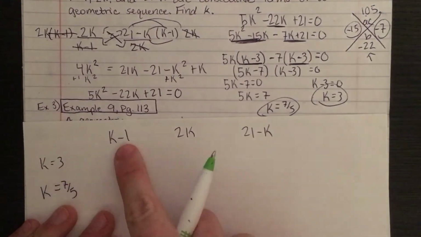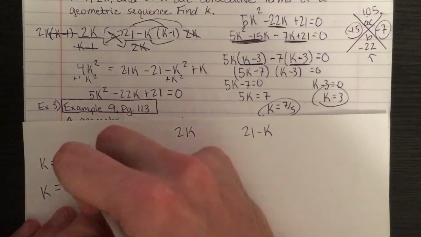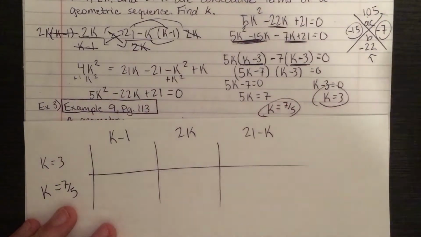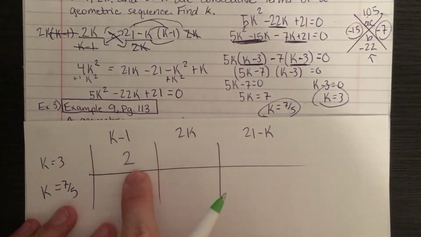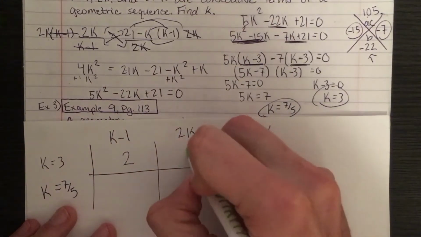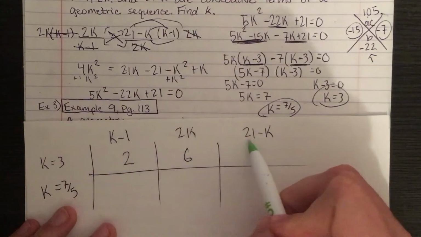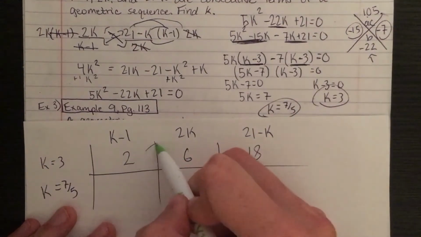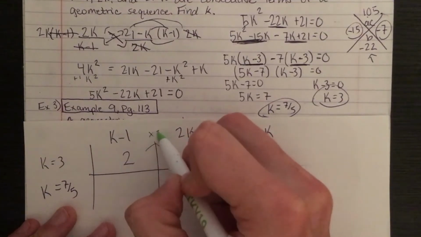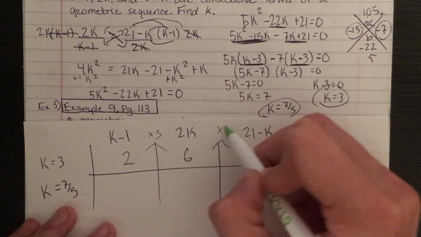So if we punch in 3 for k, I guess we can make a mini little table. That would give us 3 minus 1 is 2. 2 times 3 is 6. And then 21 minus 3 is 18. And you can see we've got a nice little geometric sequence here where we multiply by 3 each time.